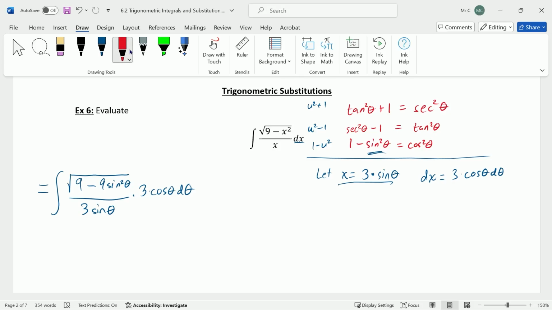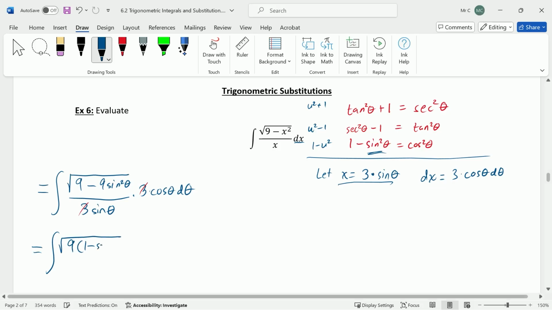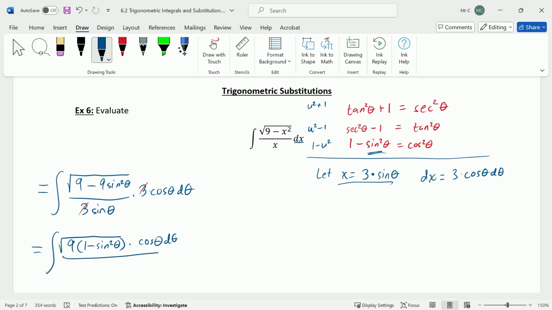I'll do a little simplifying as I go. 3 over 3 cancels. And now in my square root, I can factor out the 9, and I get 1 minus sine squared of theta. Outside the square root, we still have cosine of theta d theta, all over sine of theta.